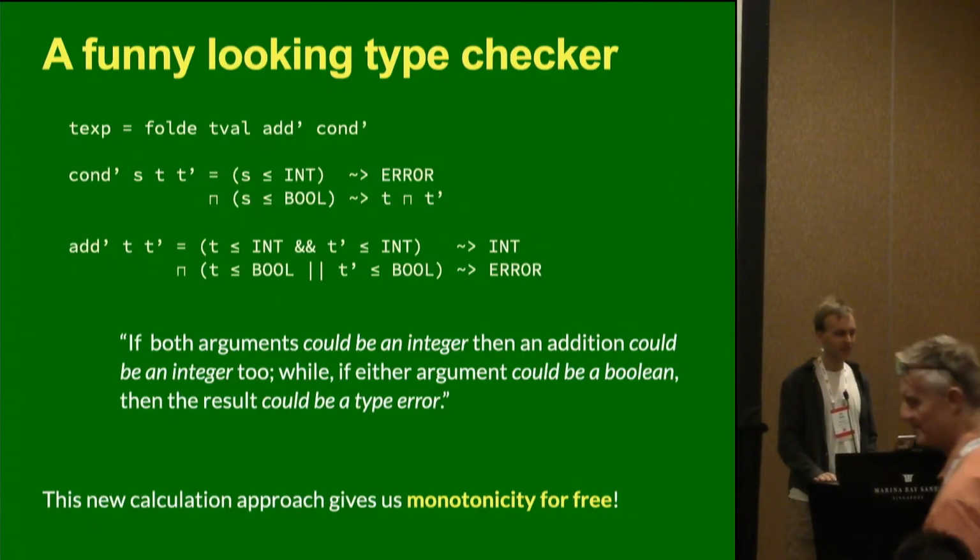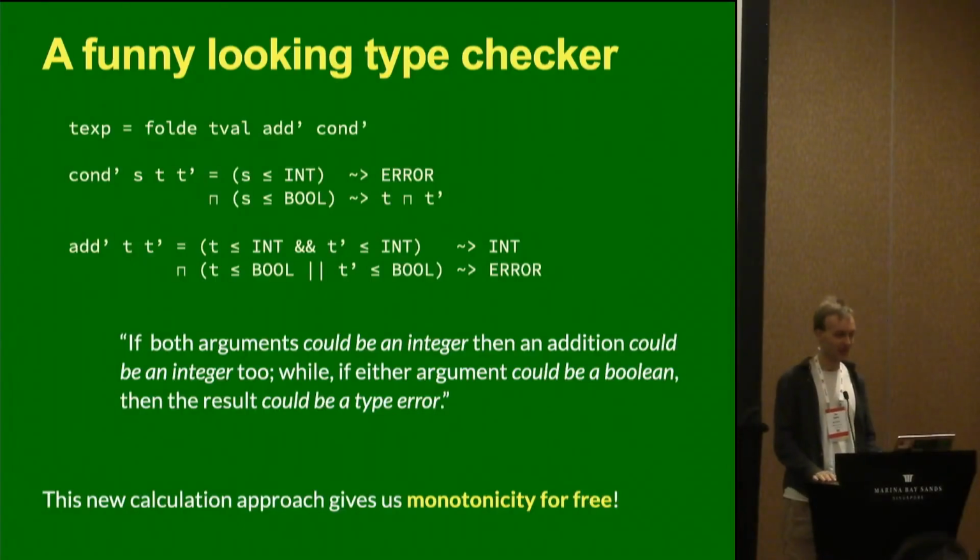But if something can be a type error, then it is a type error. I think this is called Murphy's law or Sod's law or something like that. So yeah, this is quite a cool approach. I think this gives us the monotonicity for free, which we needed to apply fold fusion to get our specification.